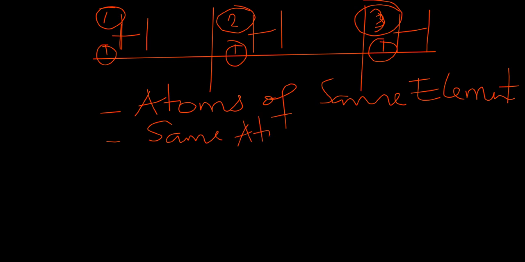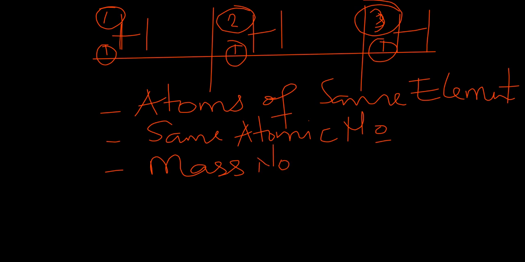However, their mass numbers are different. So I need you to note this. Atoms of the same element with the same atomic numbers but different mass numbers. These are isotopes.